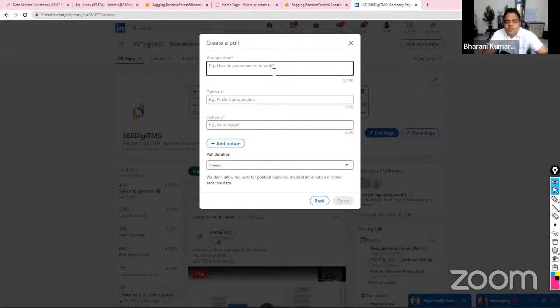The question here is, how many neurons should we have in the input layer? We're now trying to understand the entire neuron stuff that we have spoken about. Option 1 is as many features.